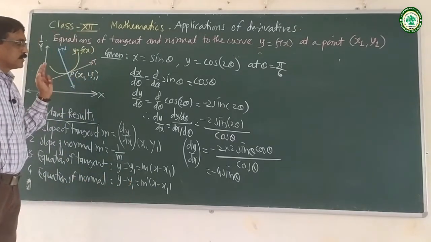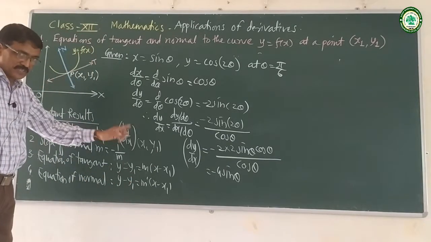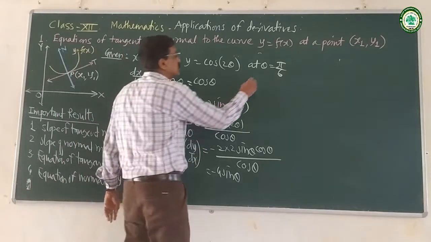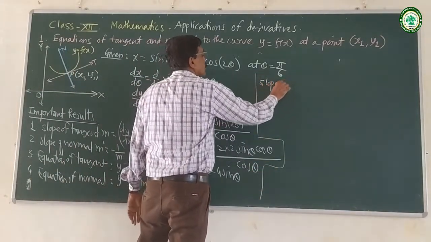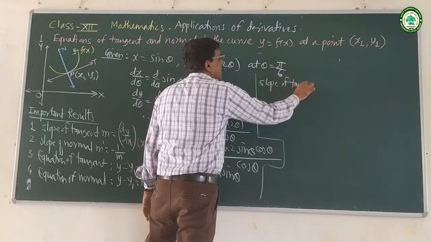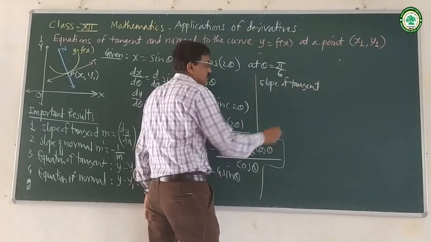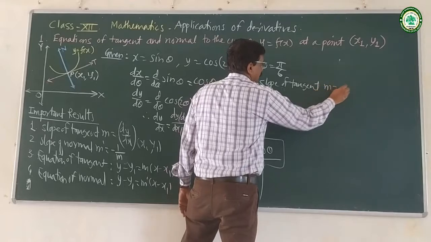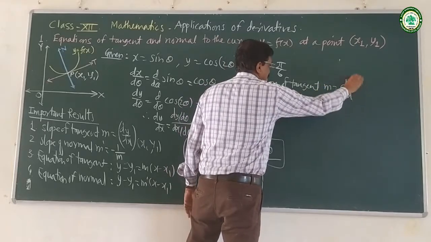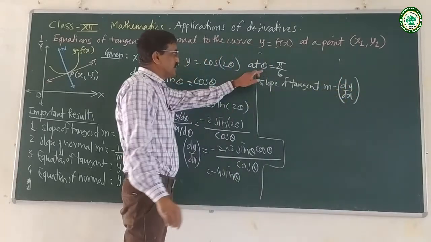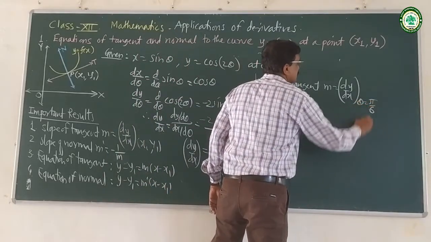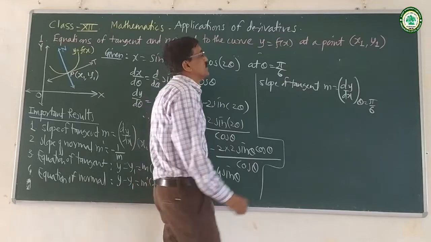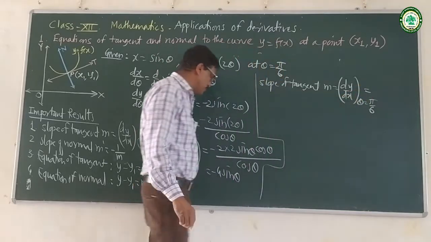Now, we have found the derivative, first step. Next, the slope of tangent, it is m, it is dy by dx. What is the value given to us? Theta is equal to pi by 6. So what is the derivative?